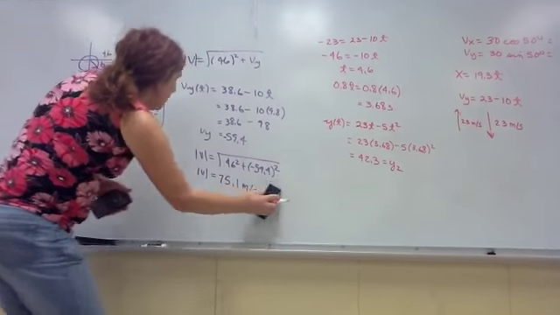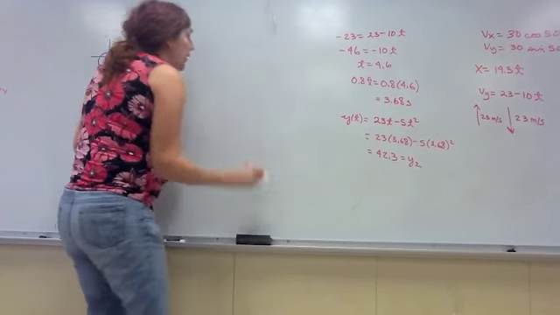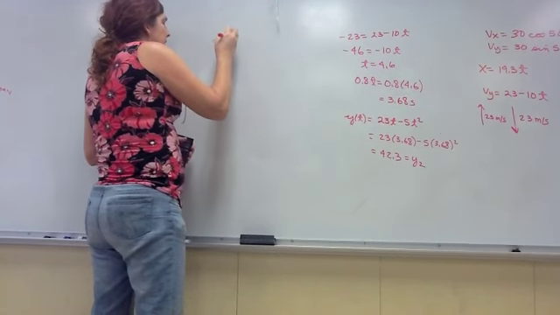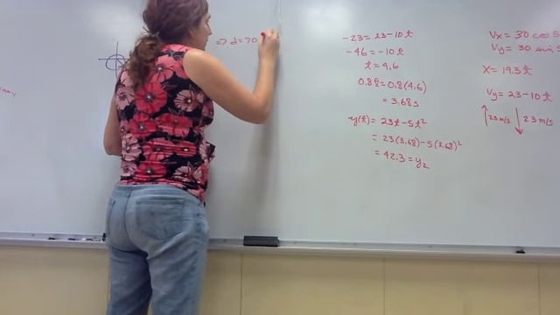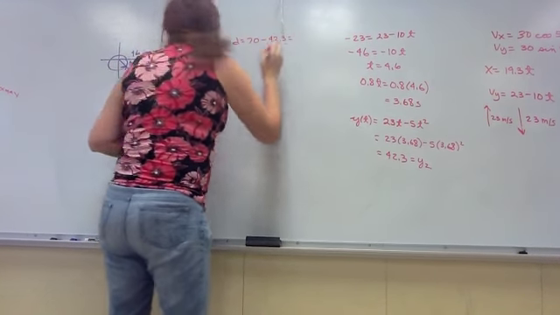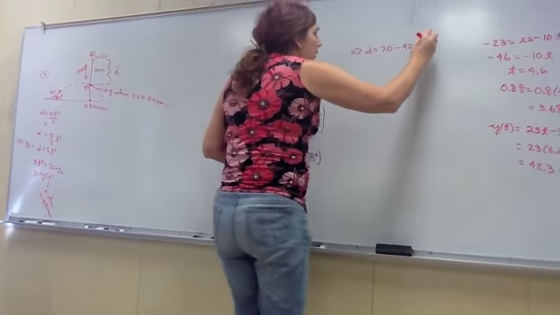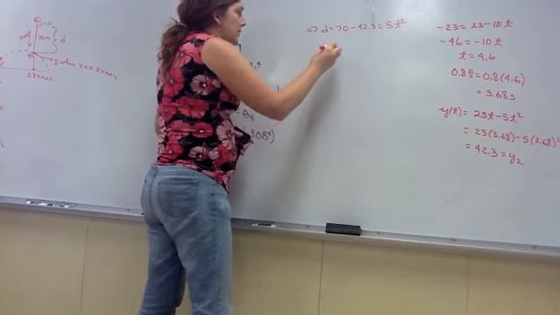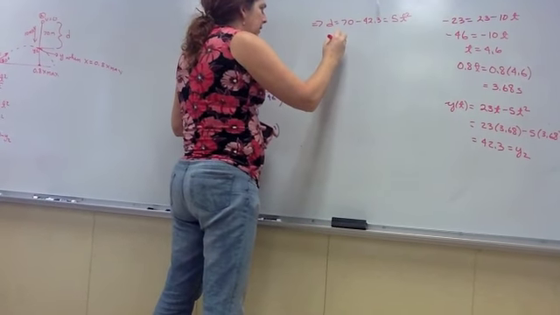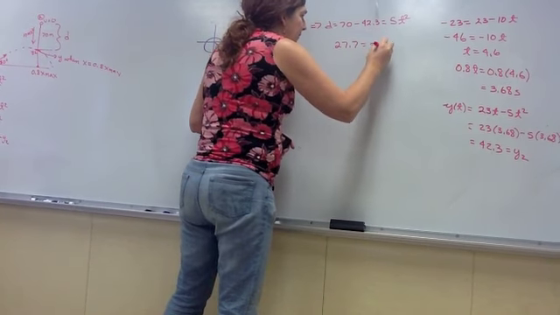So that means for the object it's going to collide with, the distance is equal to 70 minus this 42.3, and relating it back to this equation here, that's equal to 5t squared. So 27.7 is equal to 5t squared.